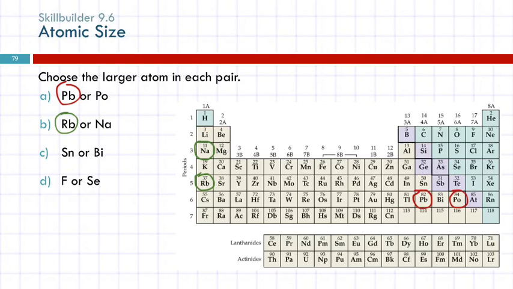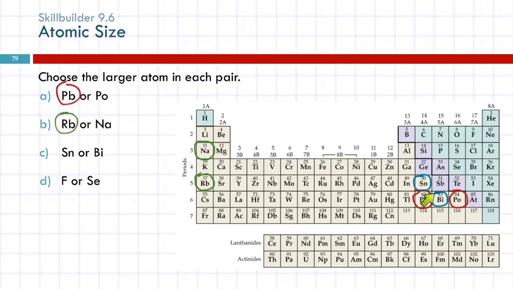Okay, tin or bismuth. So here's bismuth, and here's tin. Well, all those guys are different. They're in different columns and in different rows. Well, let's think about it. So we have a trend going across that would predict that bismuth is smaller than tin, right?